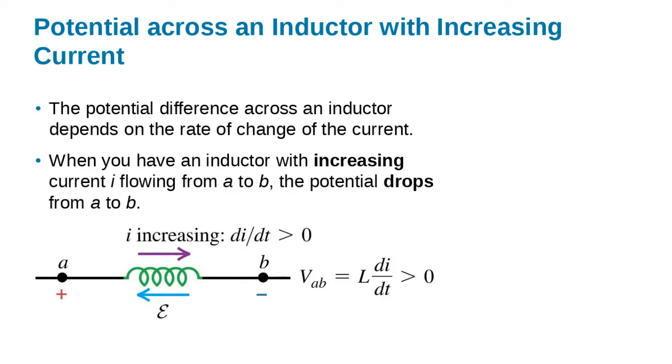But when we've got an increasing current, so the rate of change of current is greater than 0, we get a voltage over our inductor that opposes that. Gradually the current will increase, but its rate of increase will slow down and will eventually reach a steady state. In that case, this EMF over the inductor will decrease to 0.